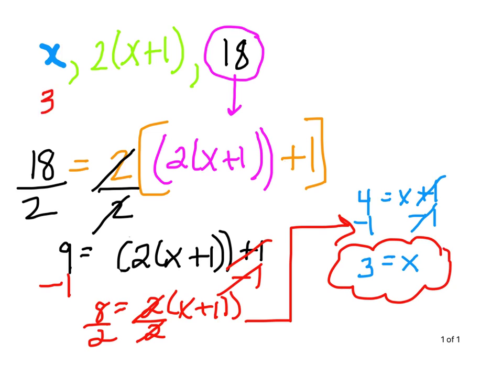So looking back at the top, we have x is equal to 3, and then we can go ahead and do x plus 1, so 4, and then multiply that by 2 to give us 8.